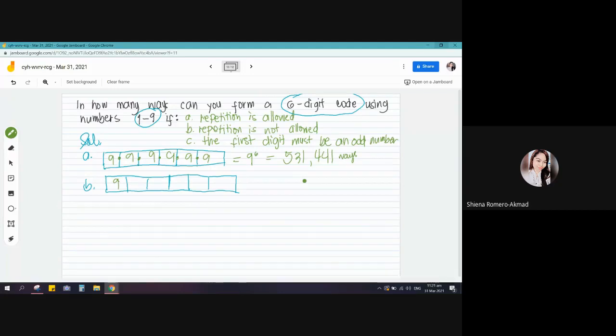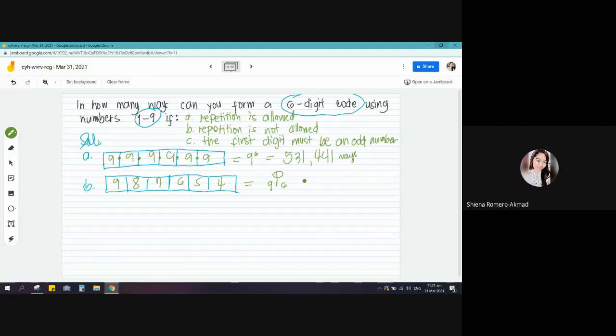So ito yung sinasabi kanina na ito 9, ito 8, ito 7, ito 6, ito 5. Or simply, in permutation, we can represent this as permutation of 9, 6 at a time.